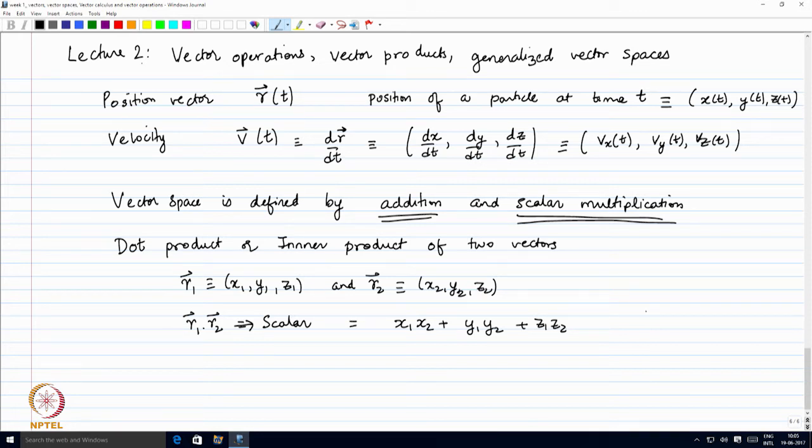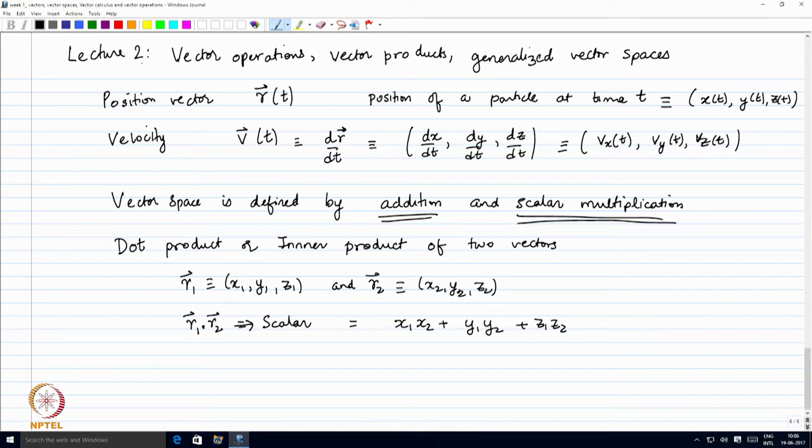It is also referred to as the inner product. This is how you usually define it in 2D or 3D space. I should emphasize that this is not the only definition of the dot product. There can be other definitions of the dot product, which I will not go into.